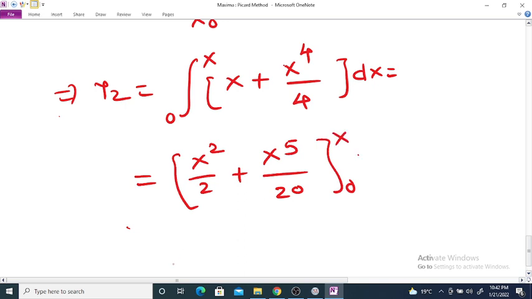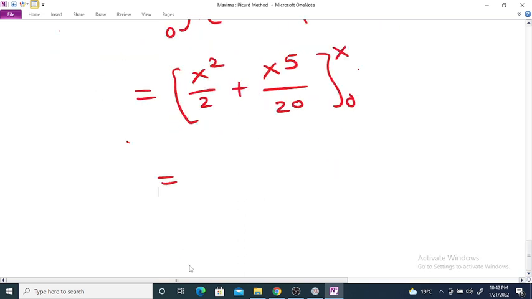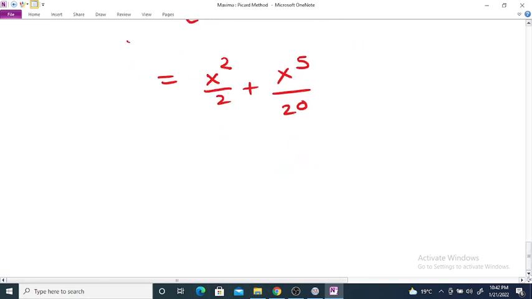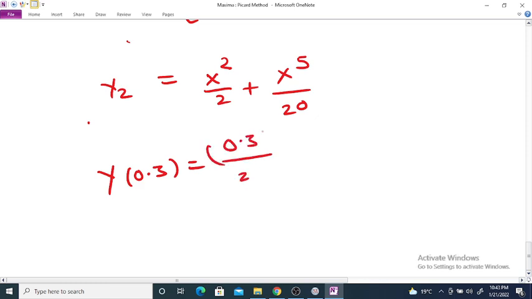So this is equal to x square by 2 plus x raised to 5 by 20, where the lower limit is 0 and we substitute the upper limit. Now to find the value of y in the second iteration, this is y2. So y of 0.3 is equal to 0.3 squared divided by 2 plus 0.3 raised to 5 divided by 20.